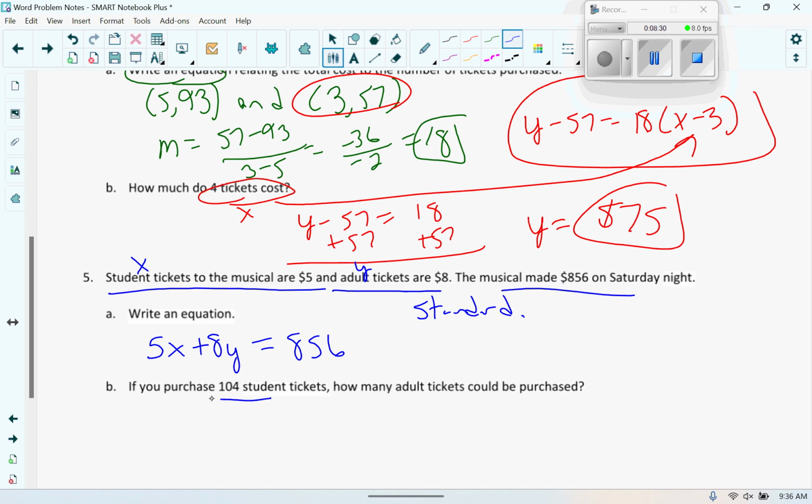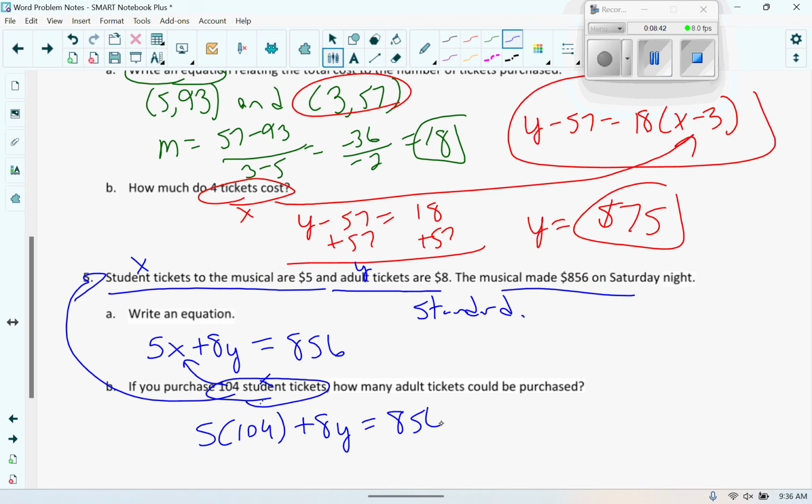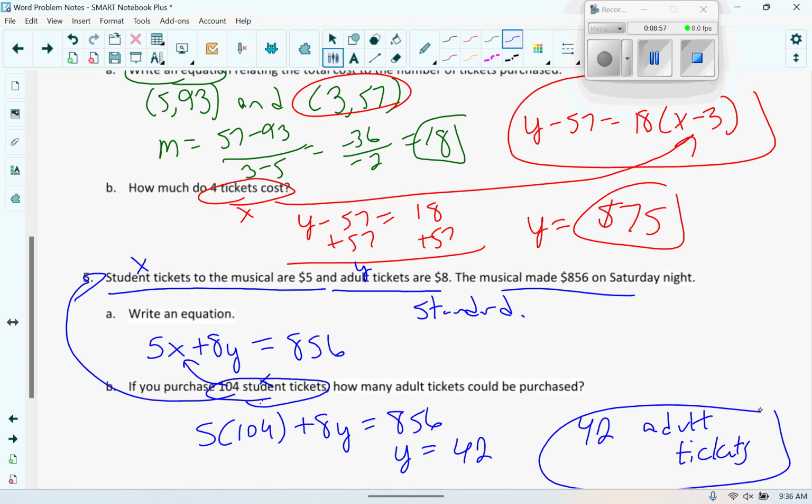Then I need to make sure whether student is X or Y. If I look back up here, students are X. So I'm going to plug that in for X. And when I do the math there, Y ends up being 42. So I have 42 adult tickets that could be purchased.